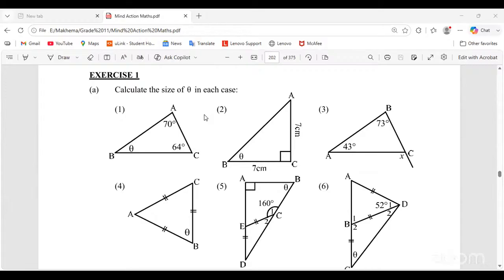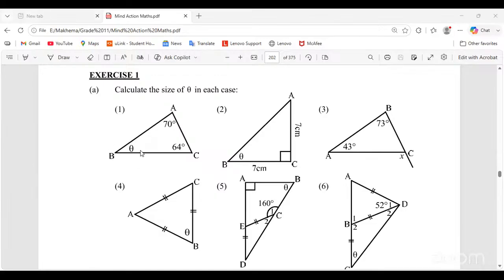We mean they all add up to 180 degrees. That tells us that angle A plus angle B plus angle C is equal to 180 degrees. That is the statement. What is the reason behind that statement? The reason is the interior angles of the triangle are supplementary.